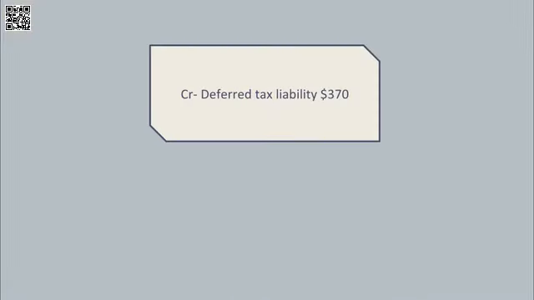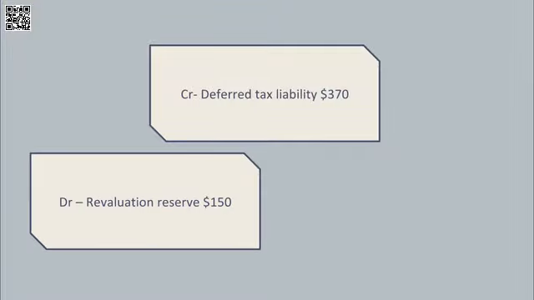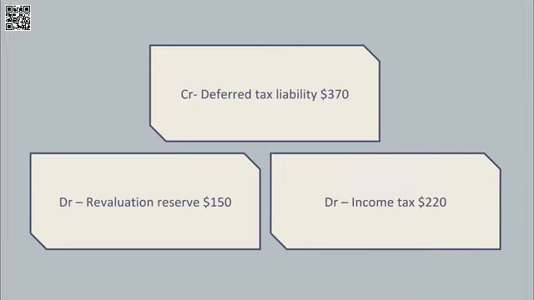The credit entry for the journal is therefore credit deferred tax liability 370. Of the increase in the deferred tax provision, don't forget that 150 of it was caused by the revaluation reserve, and therefore we must debit the revaluation reserve with 150. The remaining 220 is a debit to the tax line in the income statement.